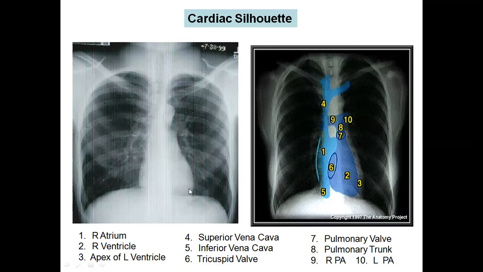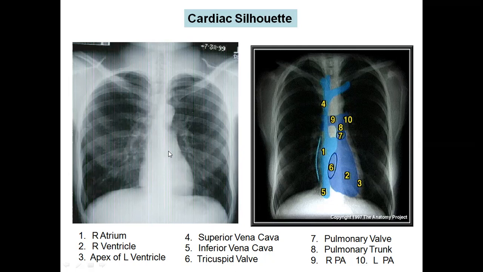Number 3 is the apex of the heart, which is formed by the left ventricle. Number 5, below the diaphragm, is the inferior vena cava, which also opens into the right atrium. At the 6th position we have the tricuspid valve.